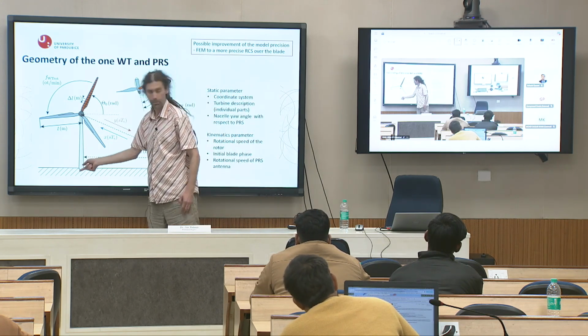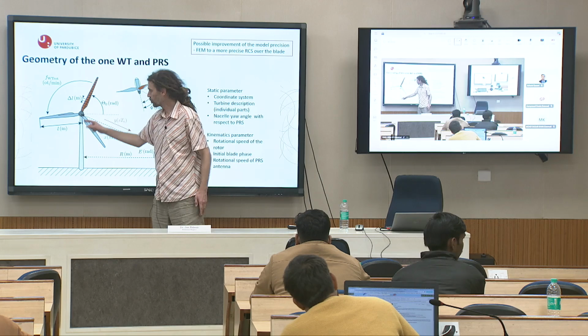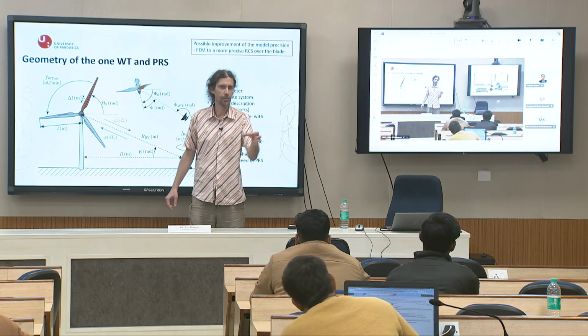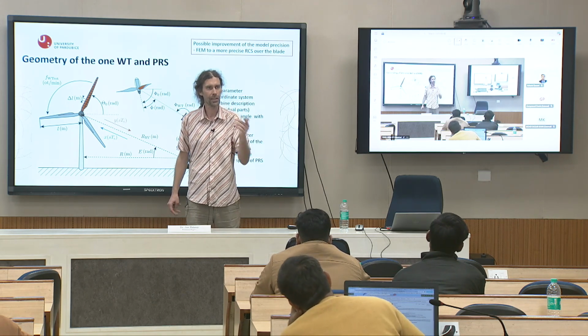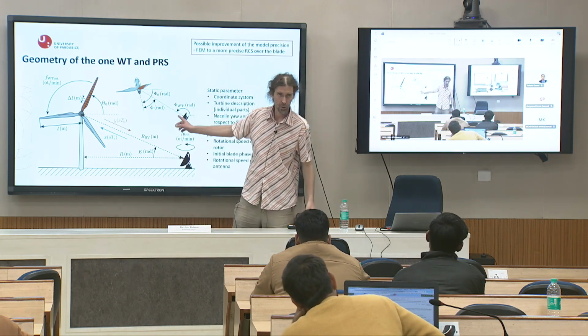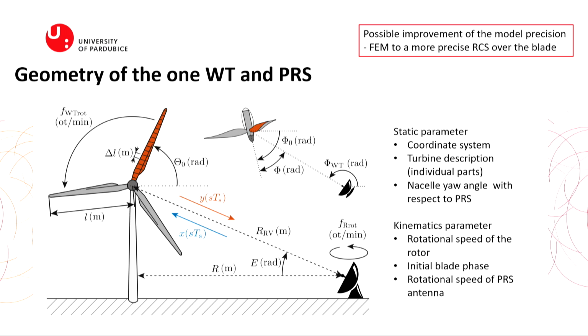But you can compute only one. Why? Because it is static, it is not moving, it is not rotating, it is the tower. So this is the first optimization which we made. You pre-compute only one because it is always the same.